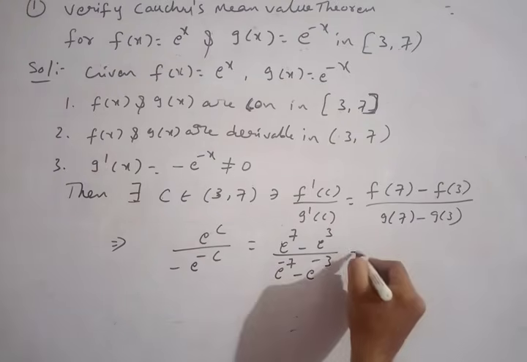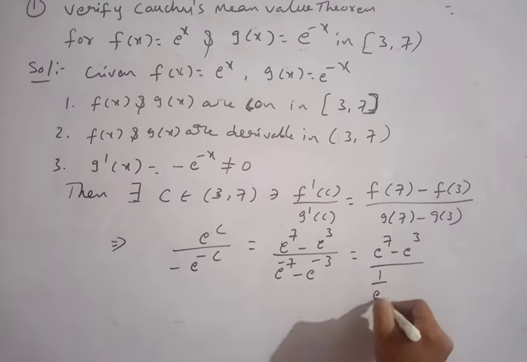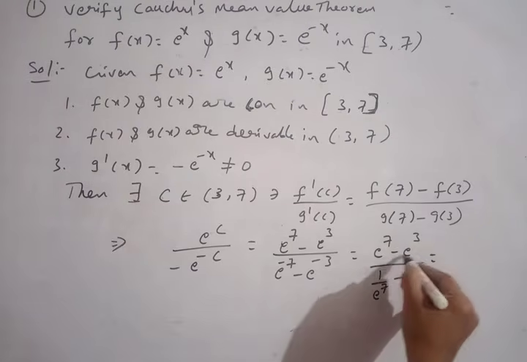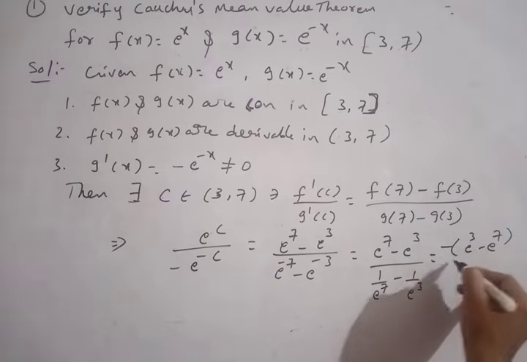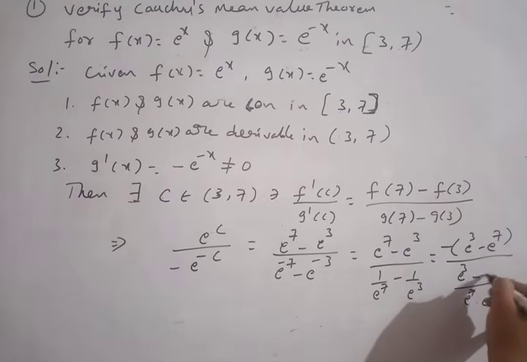Correct? So this can be simplified: e power 7 minus e cube by 1 by e power 7 minus 1 by e cube. If I take minus common in the numerator, e power 3 minus e power 7 by, if I take LCM here, e power 7 into e cube, e power 3 minus e power 7.